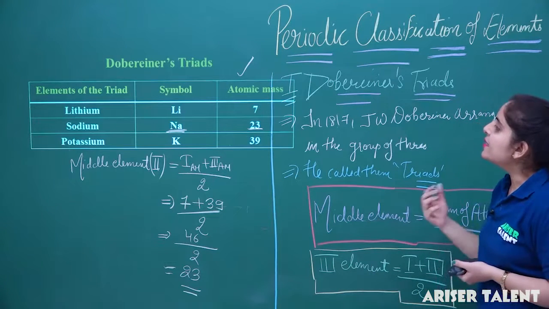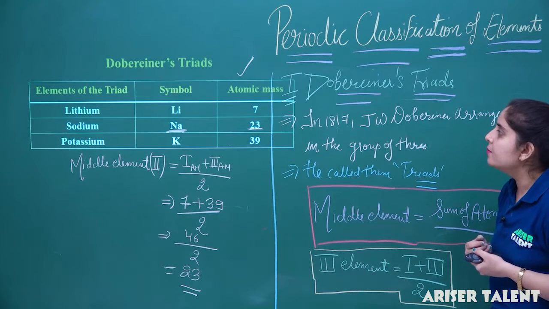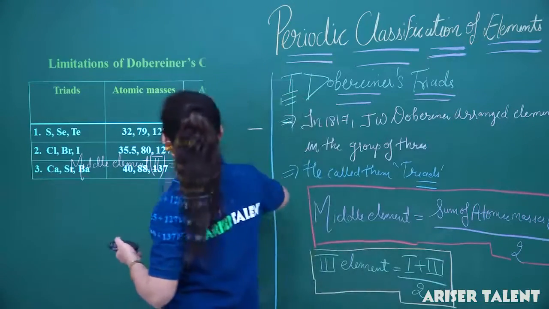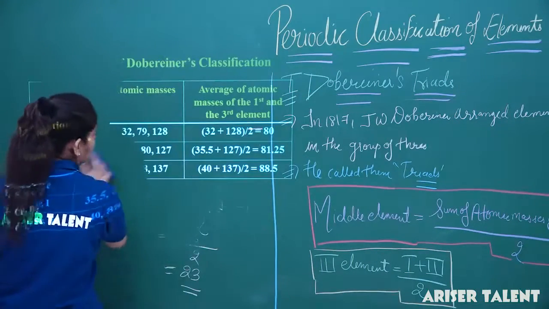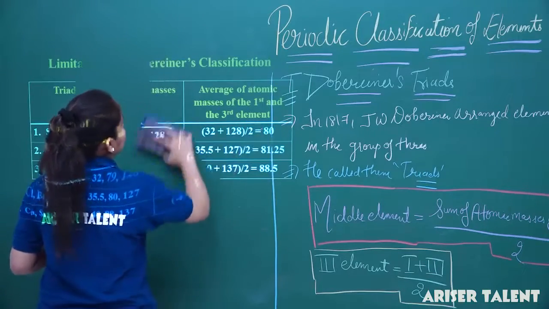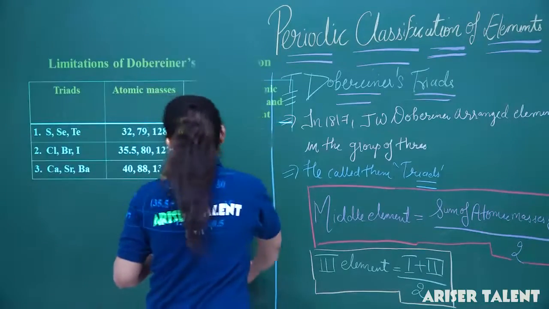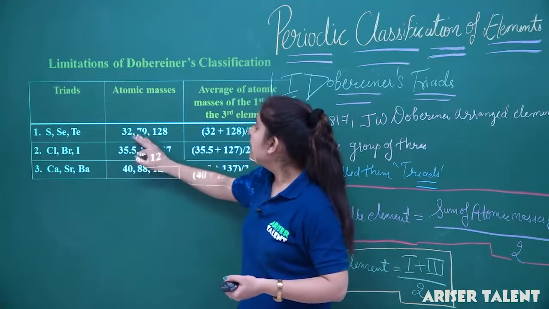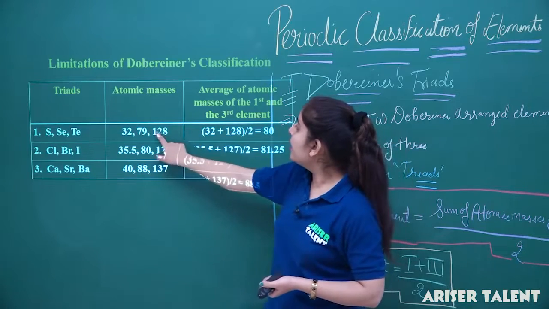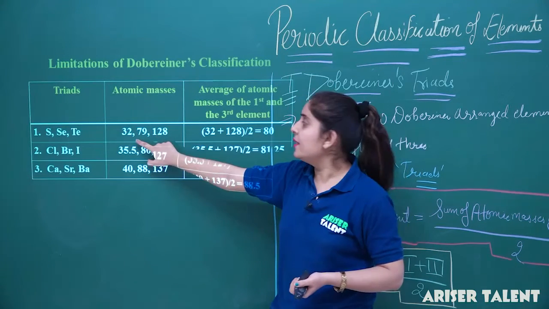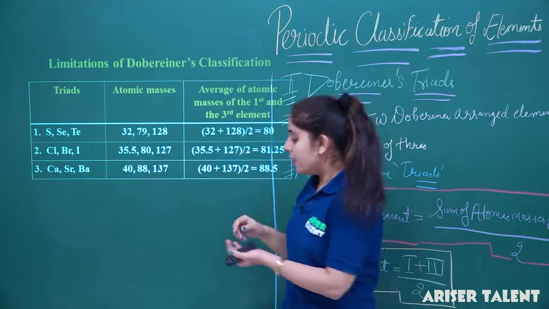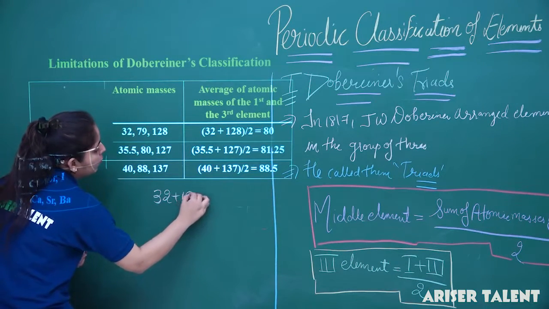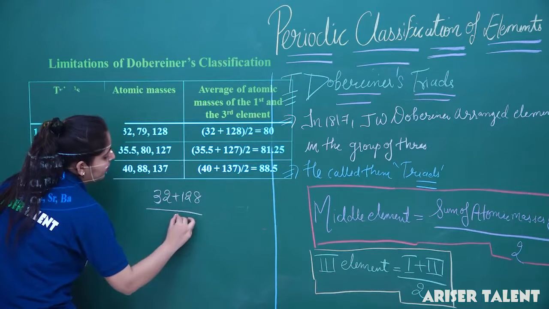Now let us consider a few more triads of Dobereiner here. Now you can see here are again 3 elements that are forming a triad. Now let us take this category, again first and third element, that is 32 plus 128, divided by 2.